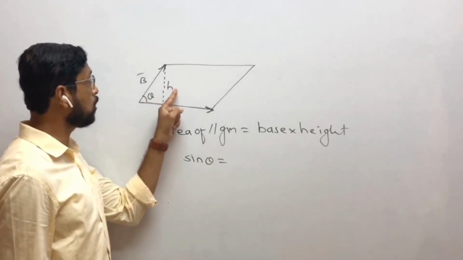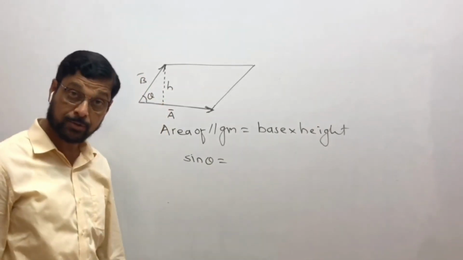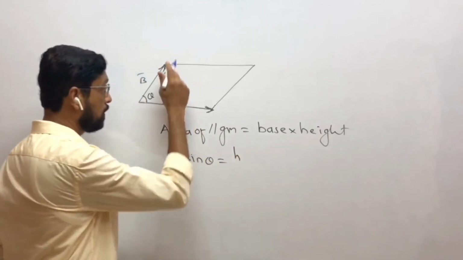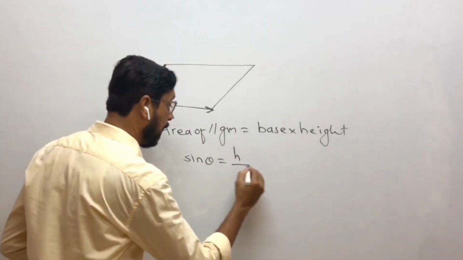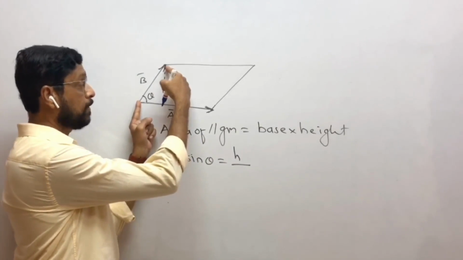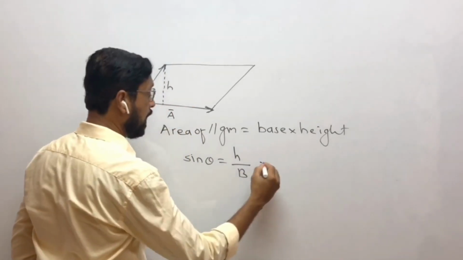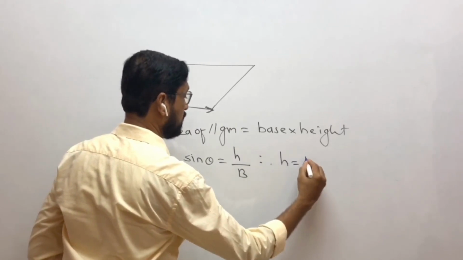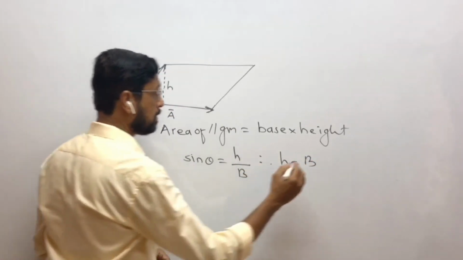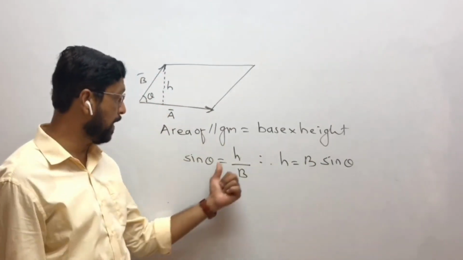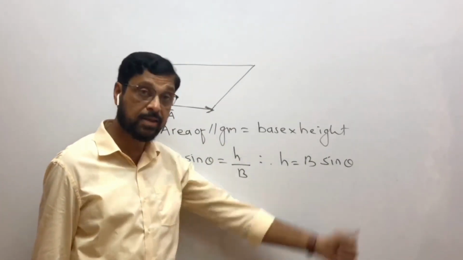Sine theta is opposite side upon hypotenuse. So sine theta is opposite side, means h, the height of the parallelogram, upon hypotenuse, which is the magnitude of vector B. Therefore you can say h is equal to B sine theta. So height of the parallelogram h is equal to B sine theta.